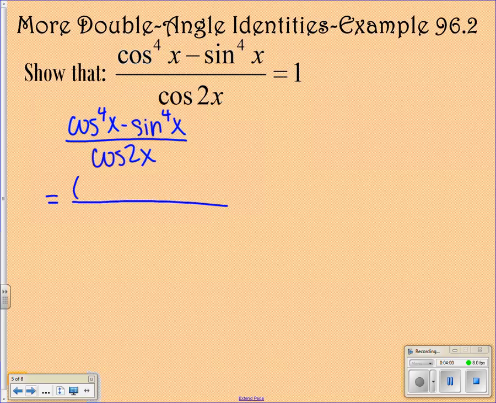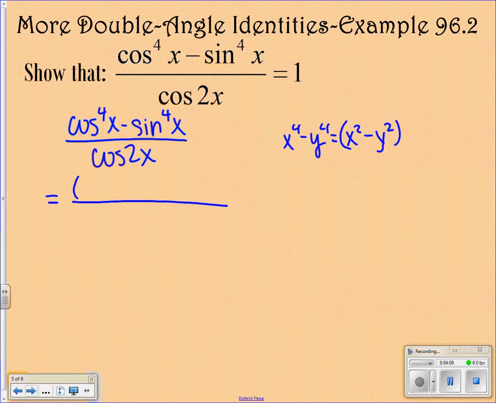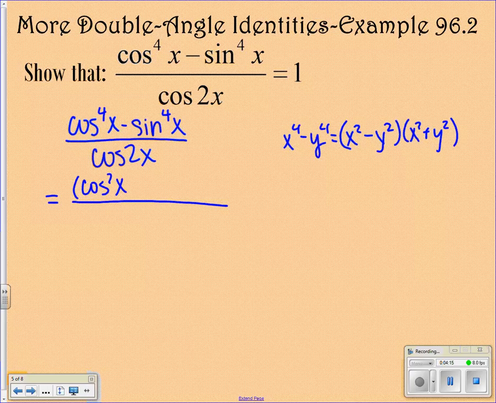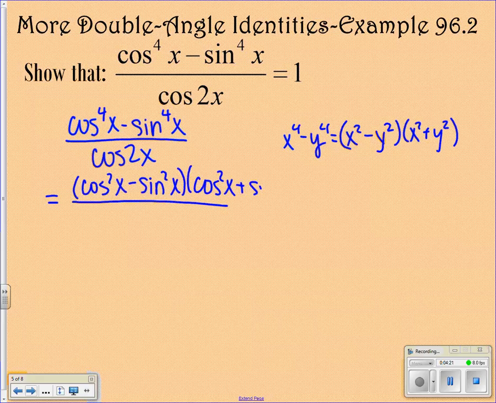And so that's like an x to the 4th minus y to the 4th, which factors as x squared minus y squared, x squared plus y squared. So we're going to have cosine squared minus sine squared, and then cosine squared plus sine squared. And then over cosine of 2x.